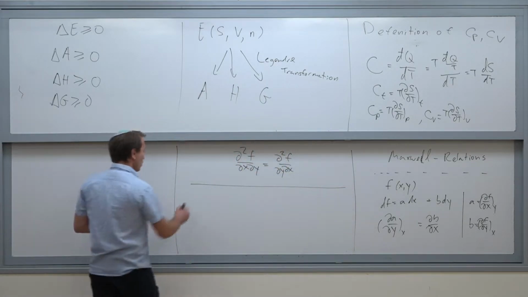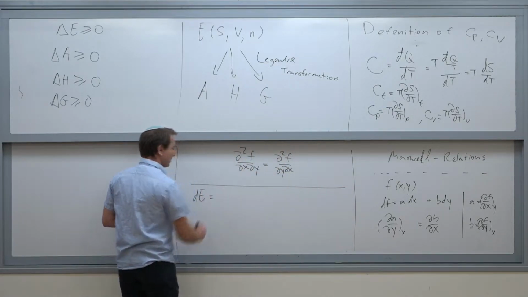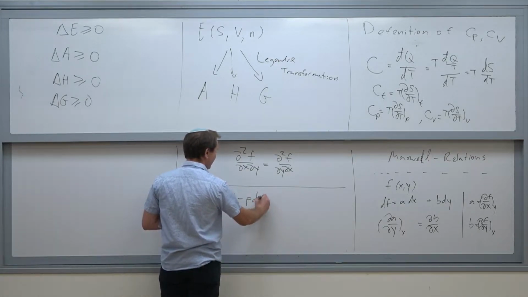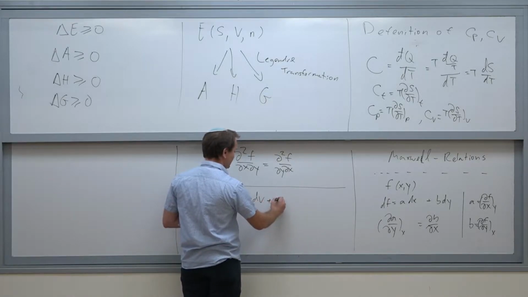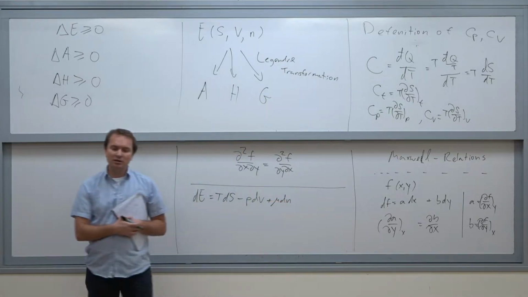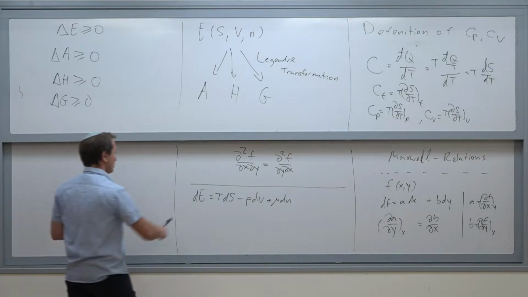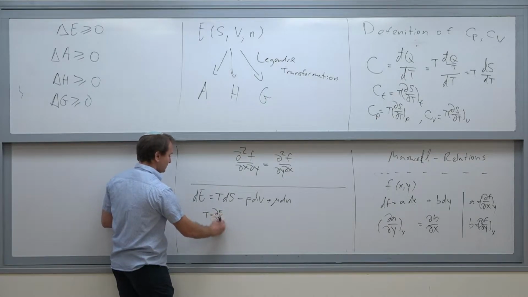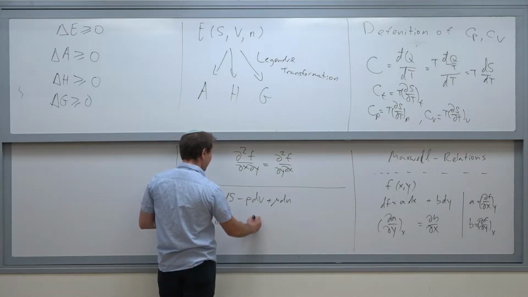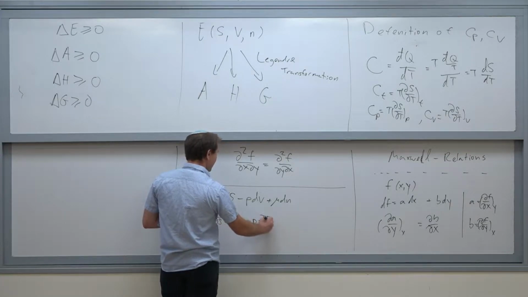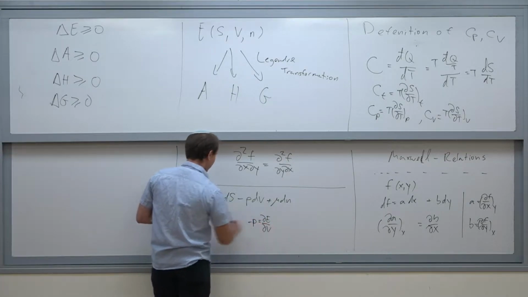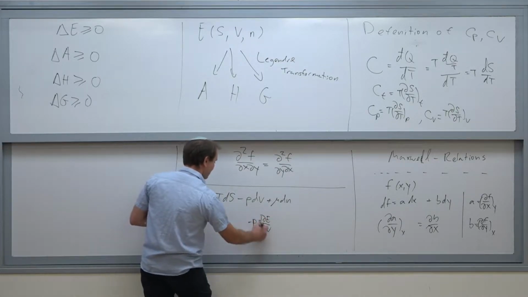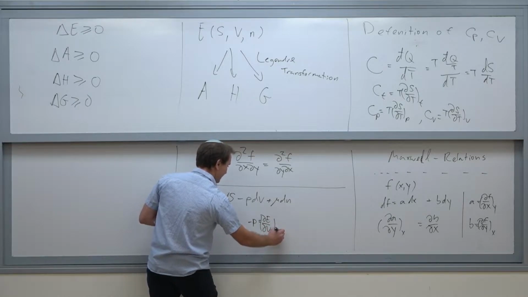Think about it: what is dE? dE = T dS minus P dV, and for example plus mu dN, where we have only one type of particles. So T is dE/dS, keeping V and N constant, and minus P is dE/dV, keeping S and N constant.